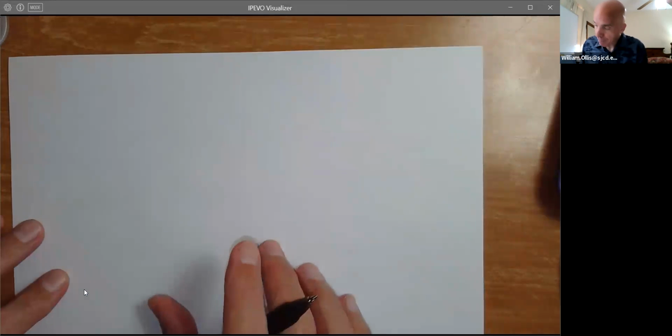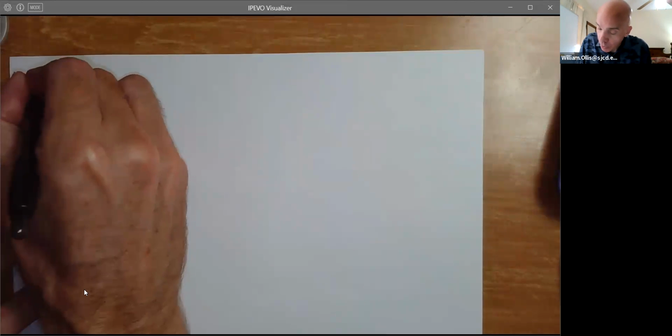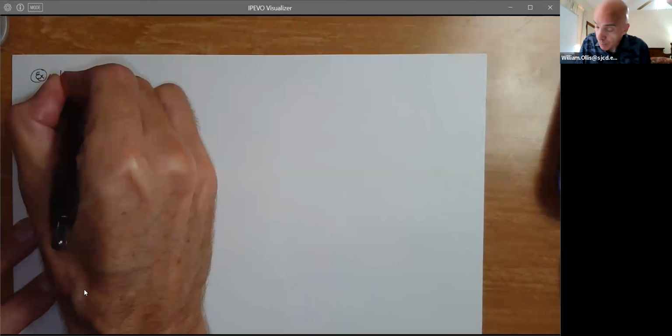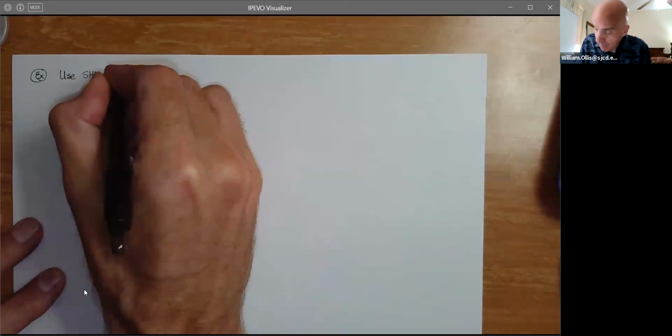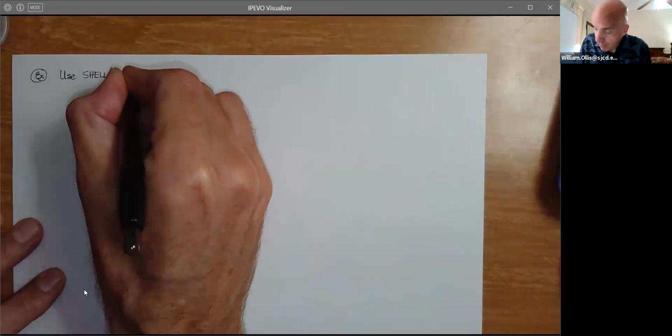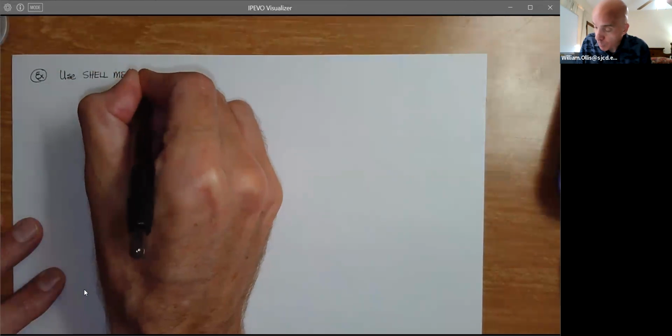So we want to practice with the shell method. So here's an example. What I'm going to do here, just to remind you, is use the shell method. In the notes, I worked out a problem with the shell method.